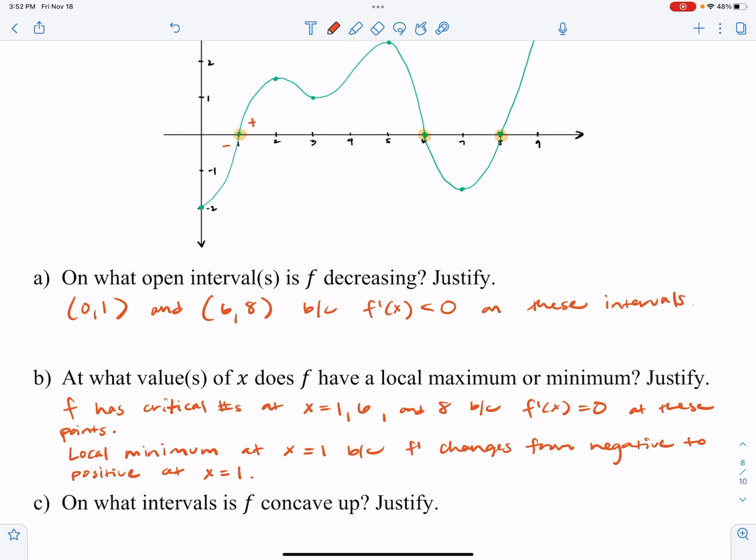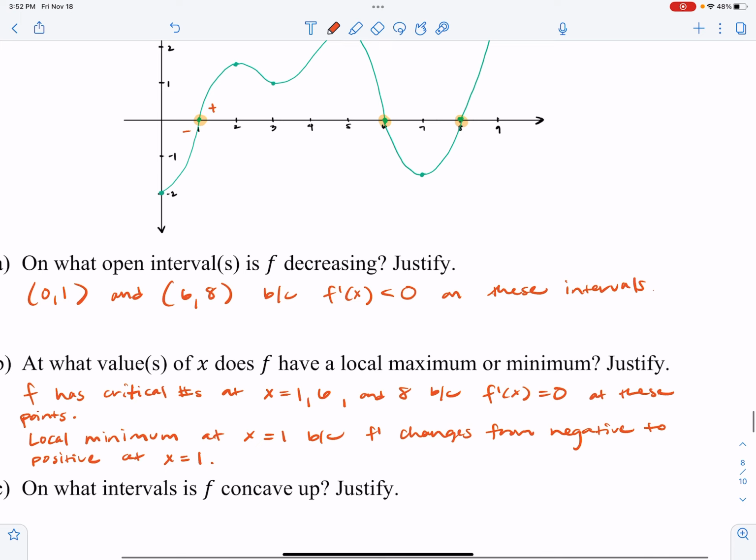At x equals 1, we want to be very specific. You know what? That happens at x equals 8 as well, right? f prime goes from negative to positive. So let's rewrite that.